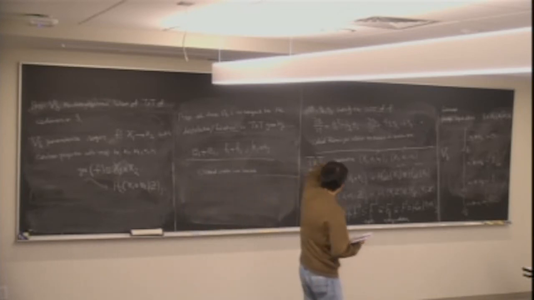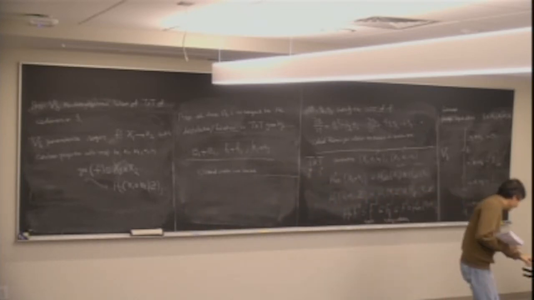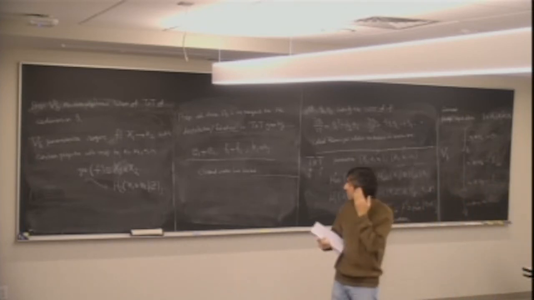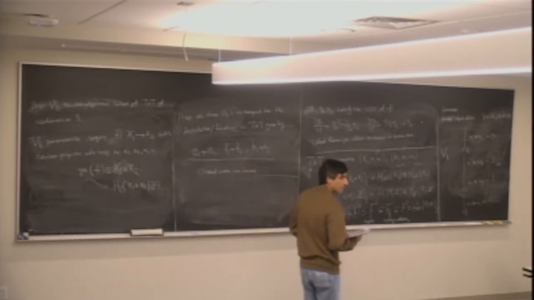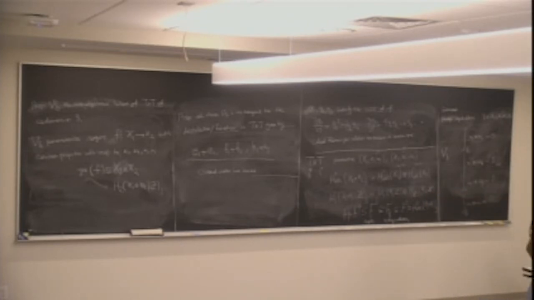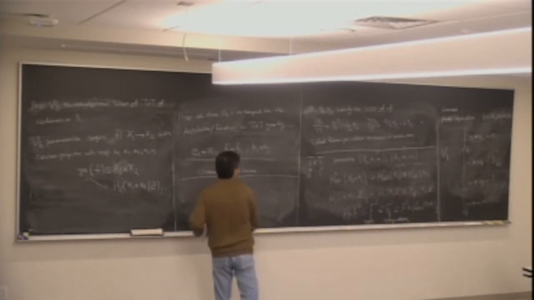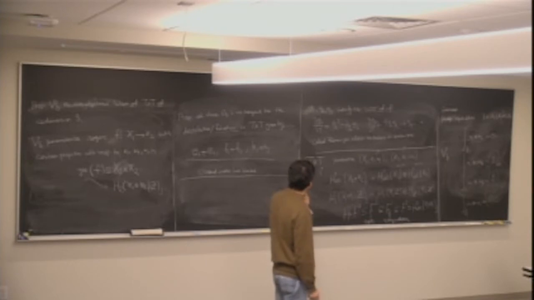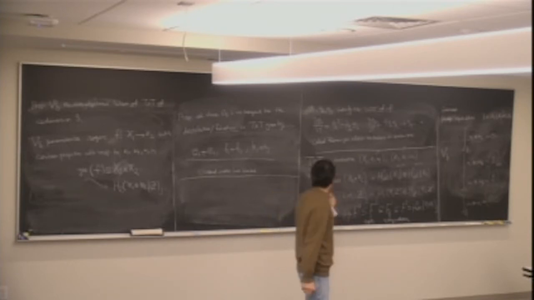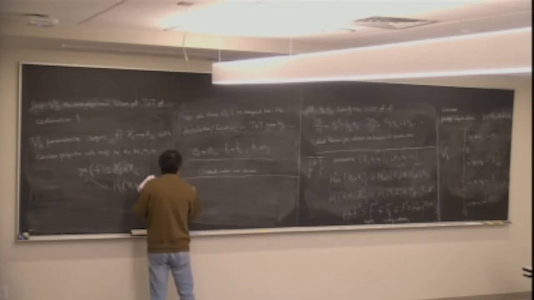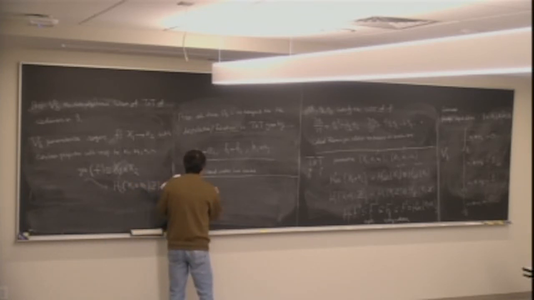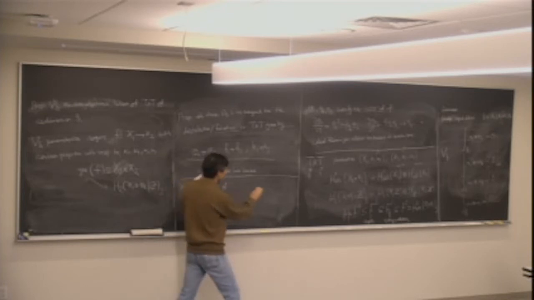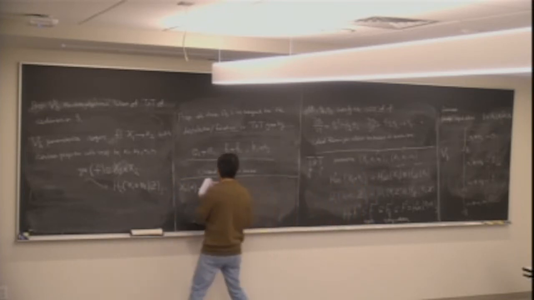So if you want to see the modular curve, this is modular, I want to write modular of X1, 2 elliptic curves with an isogeny, and if I have an isogeny of degree d.